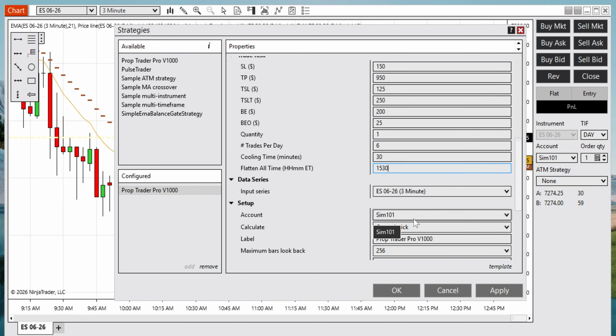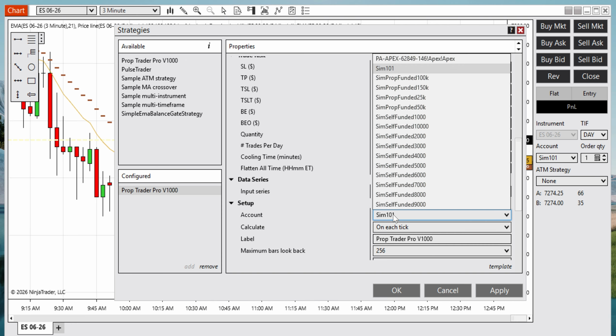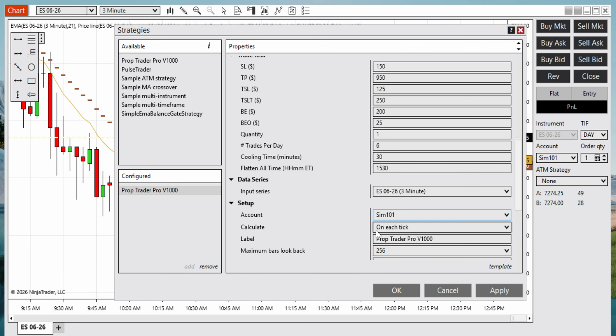So our input series is this. We have selected ES, and we want to do it on SIM. Okay, you can create more SIMs. I'll show you how. But right now I'm selecting this account as SIM. And then again I told you how to calculate. It can calculate based on tick, based on bar close, or based on price change. Tick is very frequent, so NinjaTrader uses more resources.